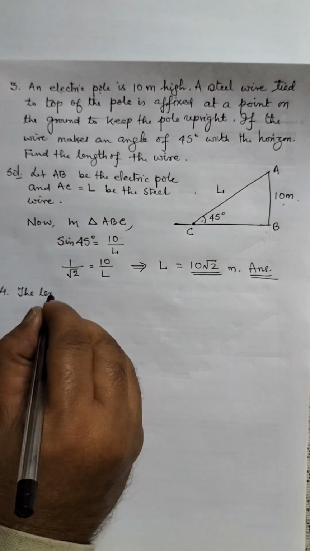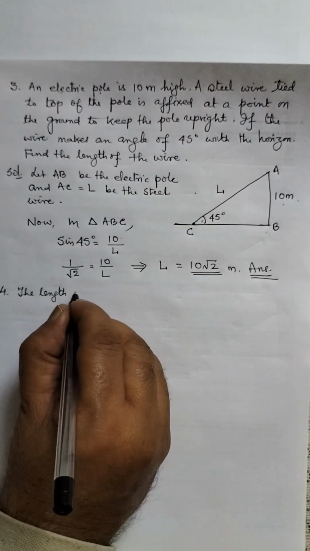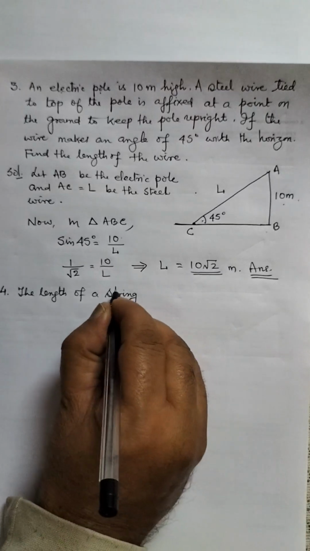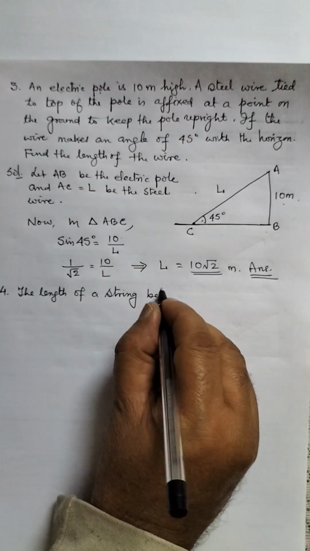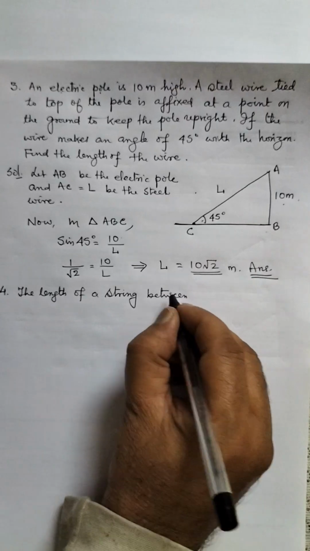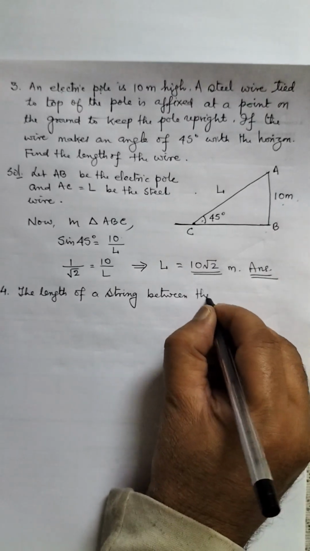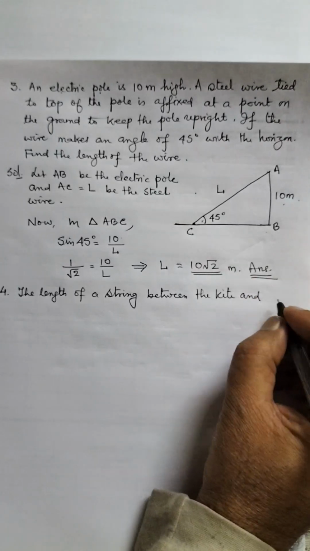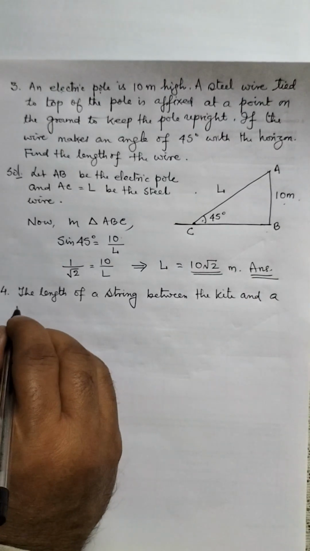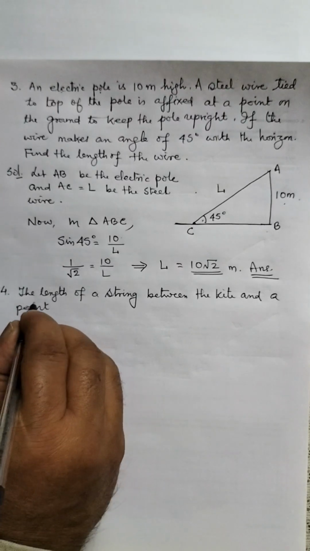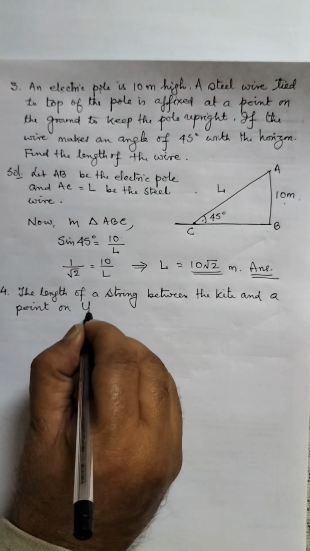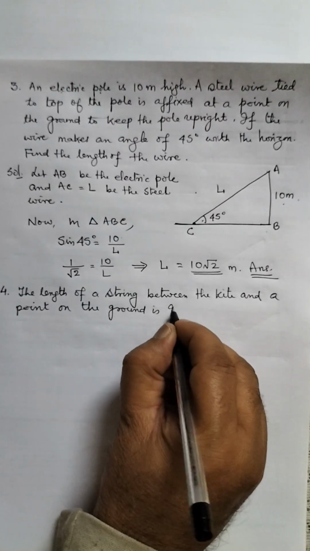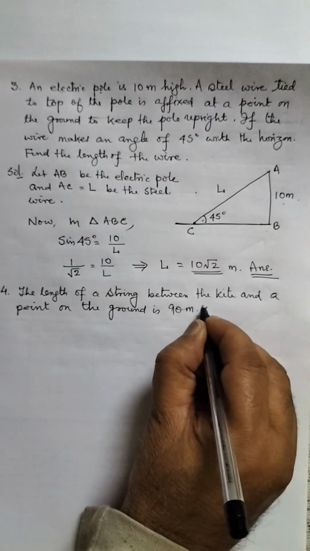The length of a string between the kite and a point on the ground is 90 meters.